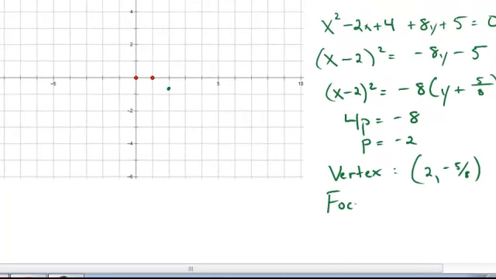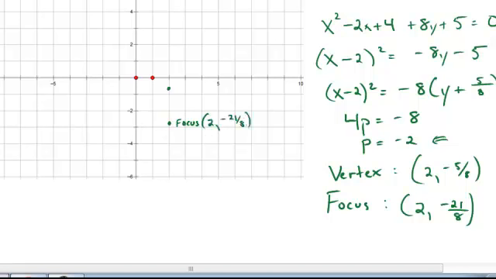The focus, because we have a vertical axis, must move above and below. So this time the focus is going to be 2, and then because p is minus 2, that means we have to go down 2 units. This is the parabola which is going to open downward. So I'm going to have minus 21 over 8. No mixed numbers, please. So go down 1, 2. So that's the focus at 2, minus 21 over 8.